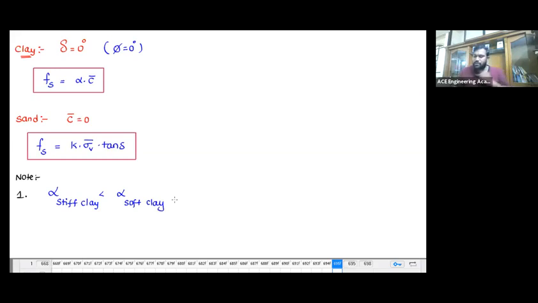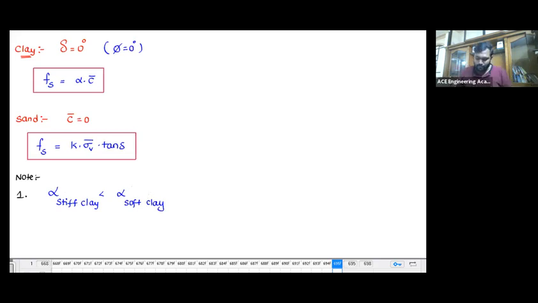There are values given by various scientists. Generally, for soft clay, alpha is around 0.7 to 0.8, and for stiff clay, 0.3 to 0.4. But I am not asking you to remember those values because I'm not going to give them. Alpha stiff clay is less than alpha soft clay.